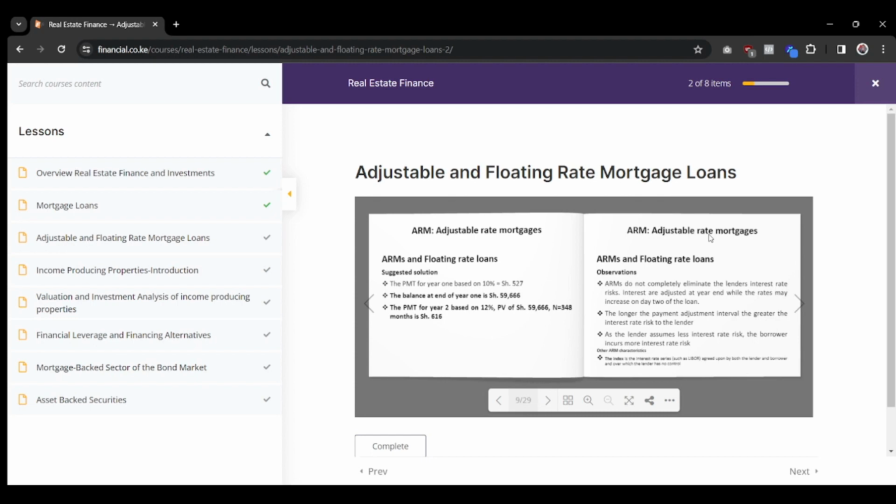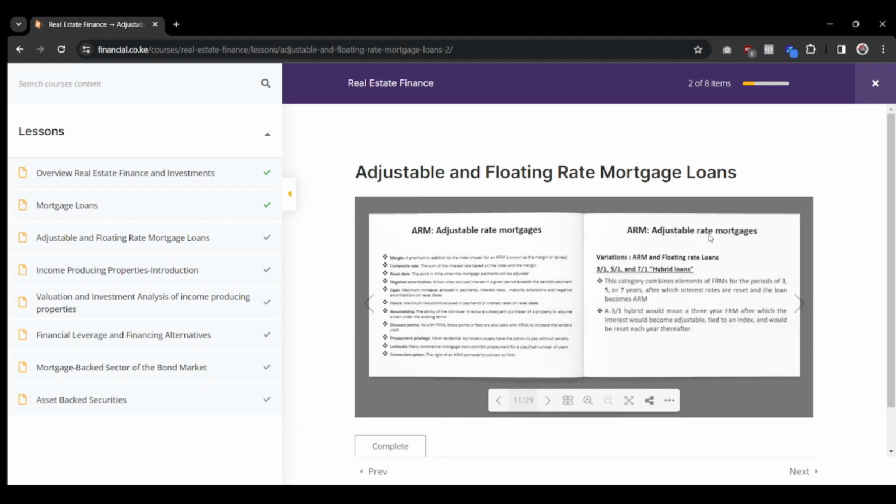So other adjustable rate mortgage characteristics are as follows. The index is the interest rate series, such as the LIBOR, agreed upon by both the lender and borrower, and over which the lender has no control. There is a margin.